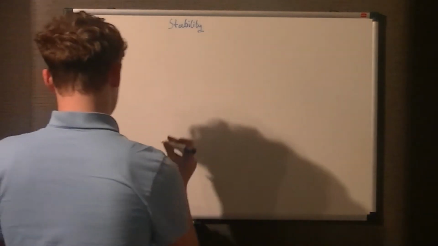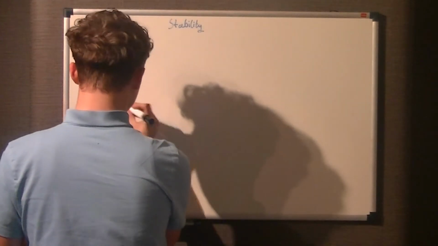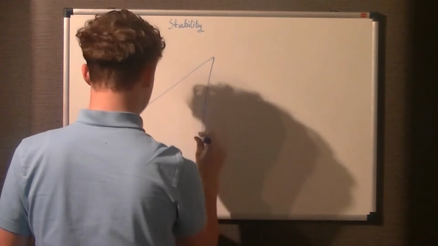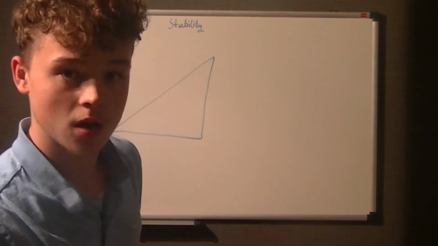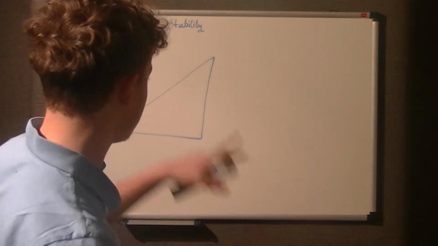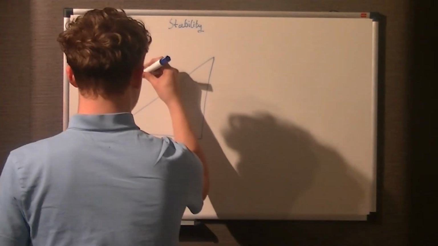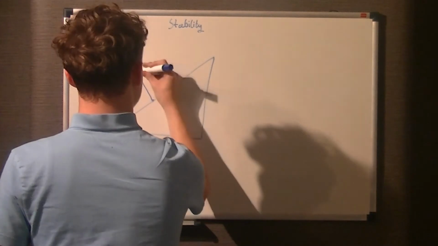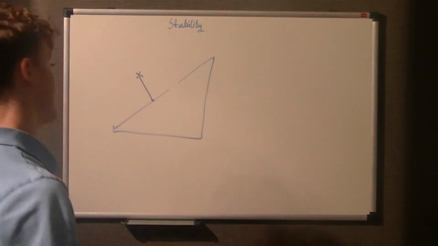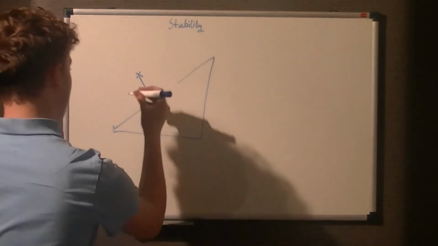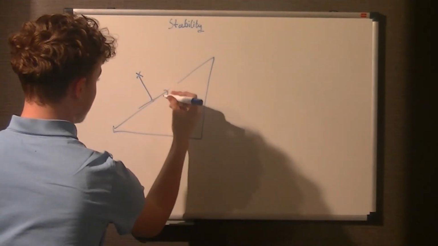So, with stability, the main thing to consider is, I'll draw that slope again, and we've got a car, except with this car I'm just going to draw a triangle. So imagine this car is a triangle. The centre of mass is at the top of this line, and the base is there.